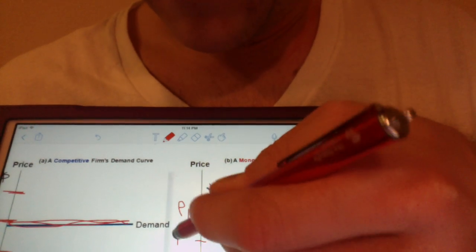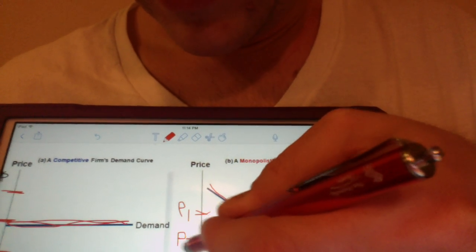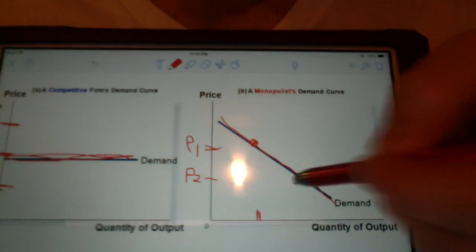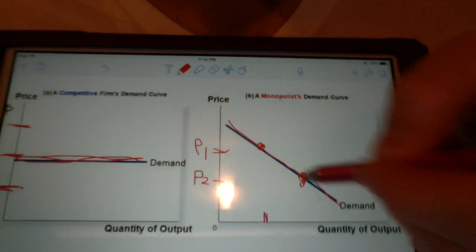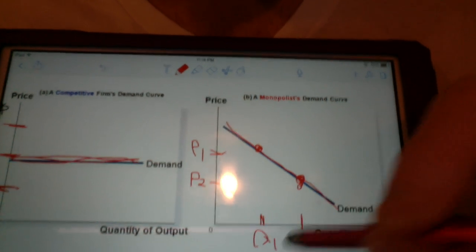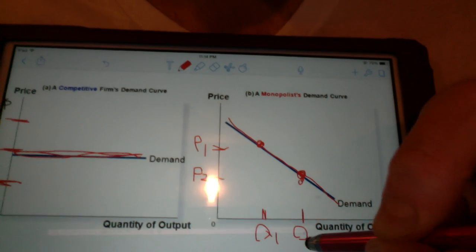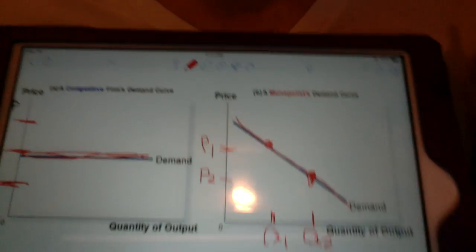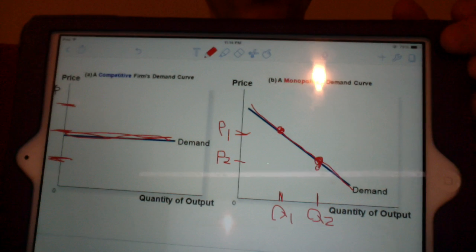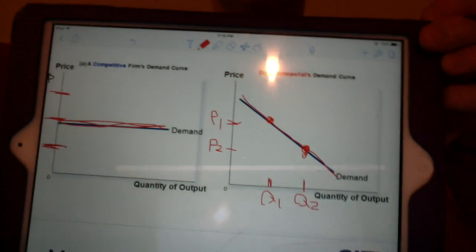If we set it at P2, right there, we're going to be here, which is a very, very different scenario where we're selling a different quantity at a different price. So we want to determine what's going to be best for us, and this all has to do with profit maximization. We'll talk about how a monopolist profit maximizes.